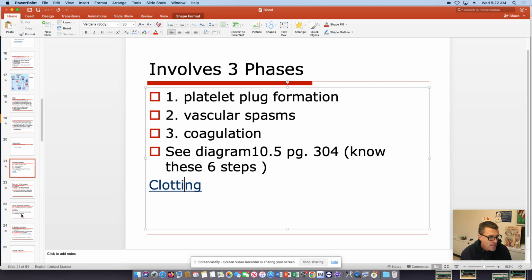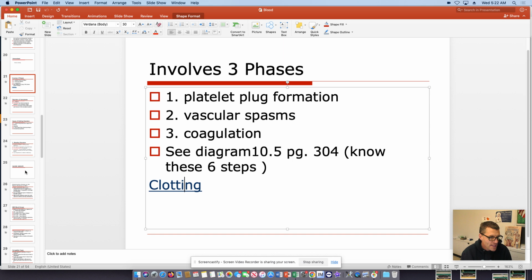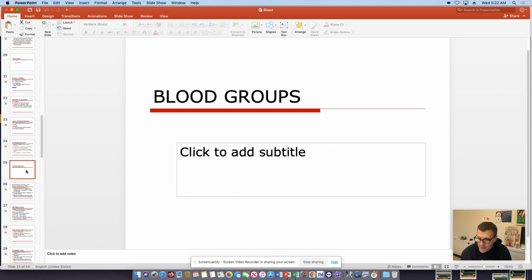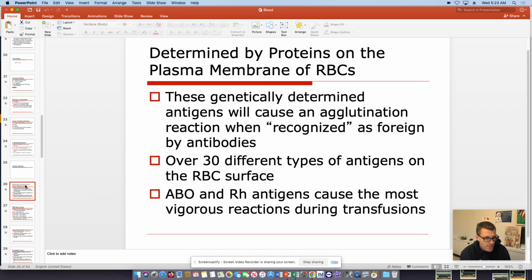Okay. Now, the next topic then is blood groups, and I'll probably move through this a little bit more quickly than I do some things because hopefully there's some familiarity. I think we talked about this to some degree, at least when you were a sophomore. So hopefully a lot of this is familiar to you.